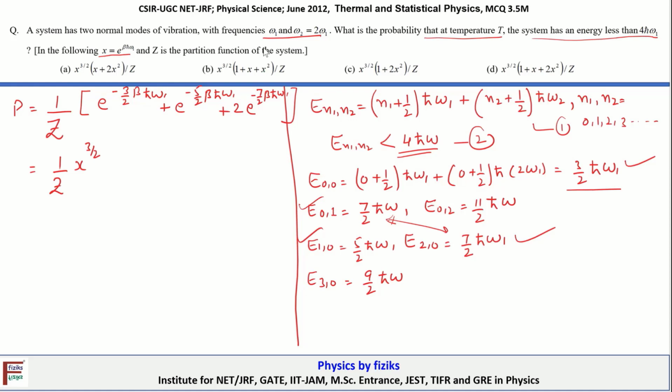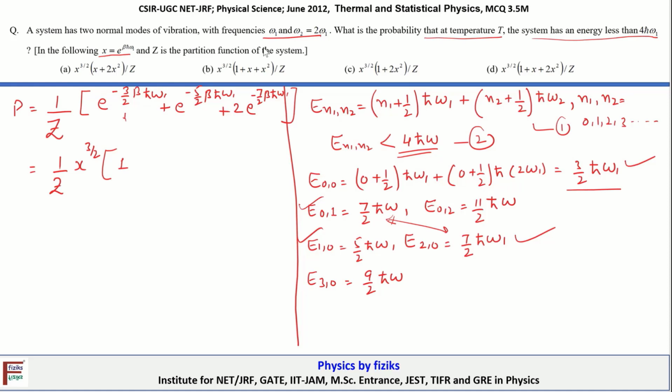Here we are taking exponential minus 3/2 βħω outside, so this is x to the power 3/2, and inside the bracket we are left with 1, and then here we are left with exponential minus βħω, which is nothing but x.